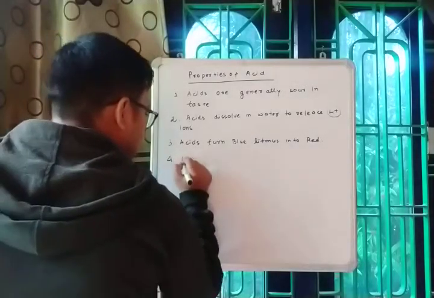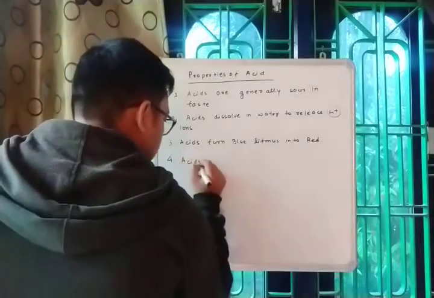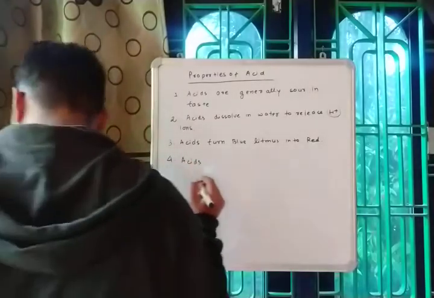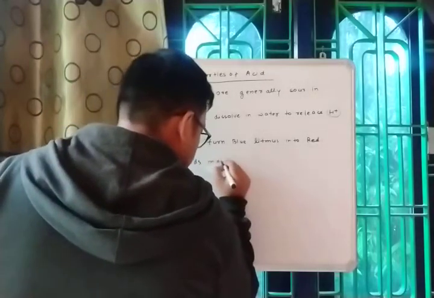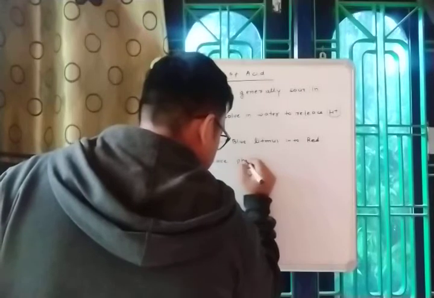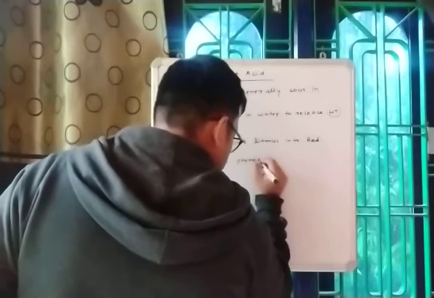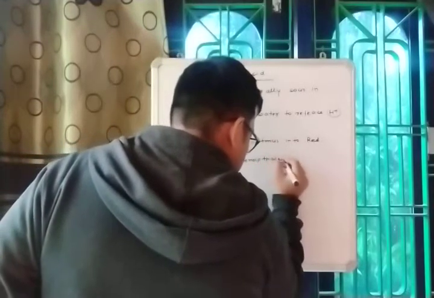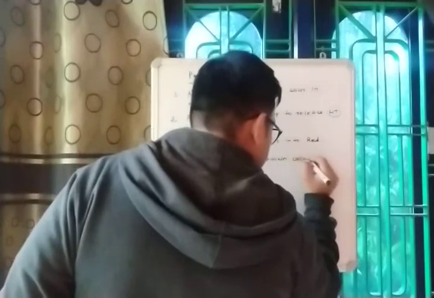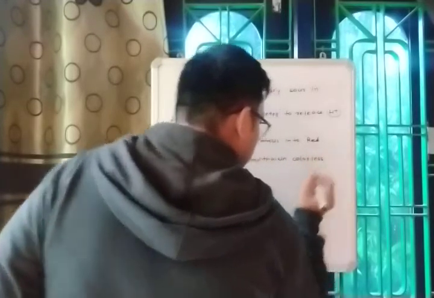Again you have to write: acids make phenolphthalein colorless.